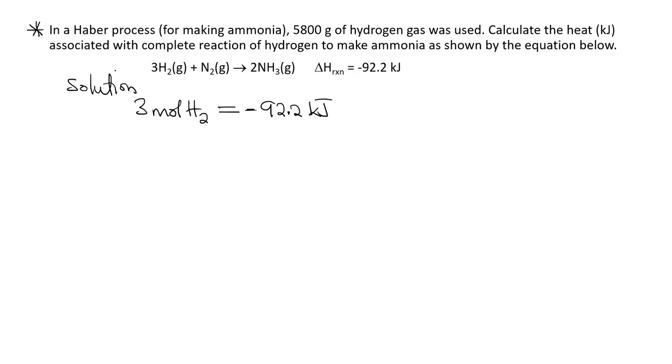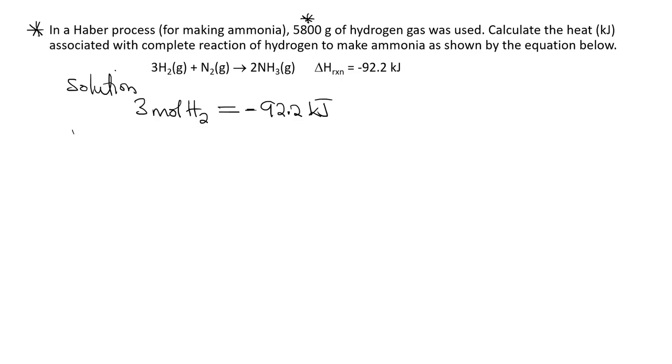So the question is, do we know how many moles of hydrogen we have? The answer is we don't know yet. But we can obtain moles of hydrogen from 5,800 grams of hydrogen. That's what we can do. So to obtain moles of hydrogen, you just need to change the mass of hydrogen to give you the moles of hydrogen.